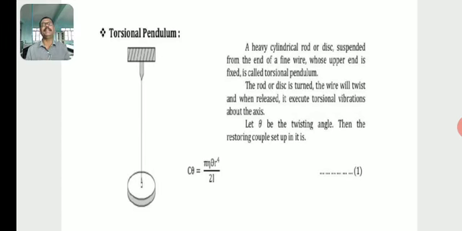If we turn the disc and then leave it, it executes to and fro motion, oscillatory motion, so-called periodic motion, simple harmonic motion. We know that the time taken by the body to complete one oscillation is called a period. The number of oscillations completed in 1 second gives the frequency.